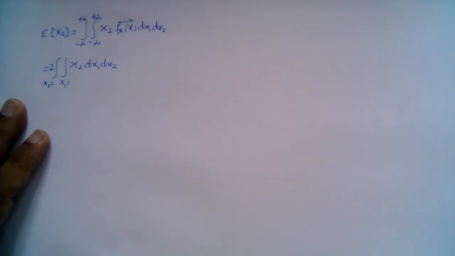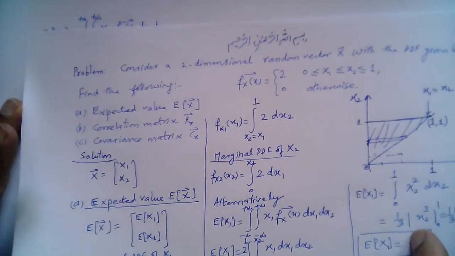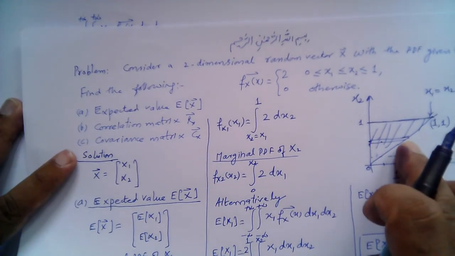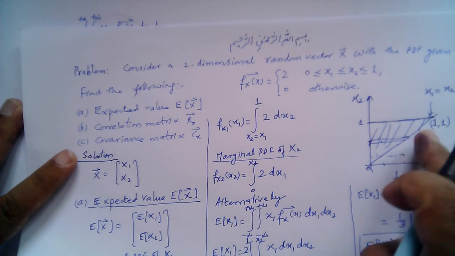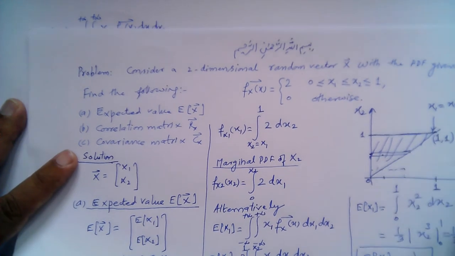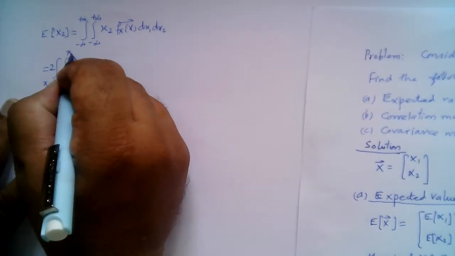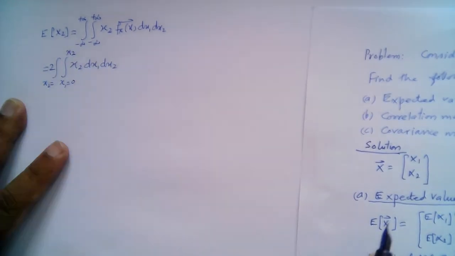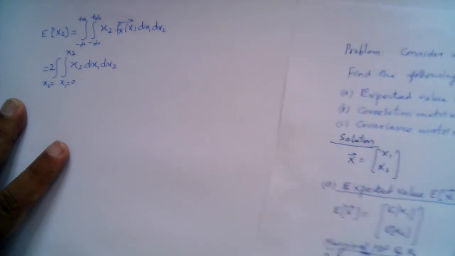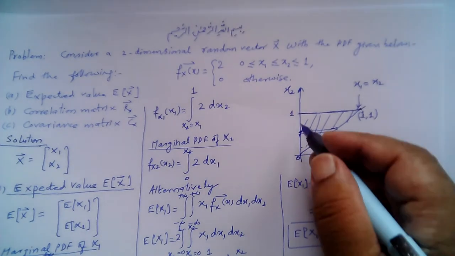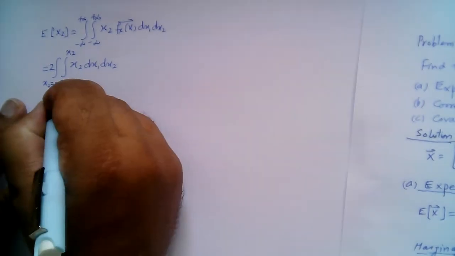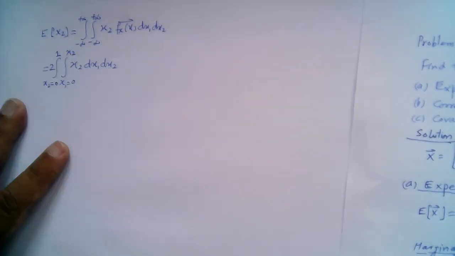So the limits for x1 are again from 0 to x2, right? x1 is equal to x2 at this line, right? So x1 is from 0 to x2, and x2 is from 0 to 1. x2 is from 0 to 1 here.